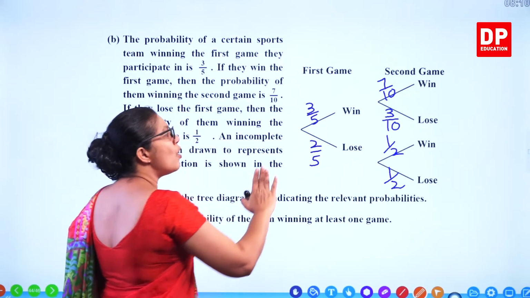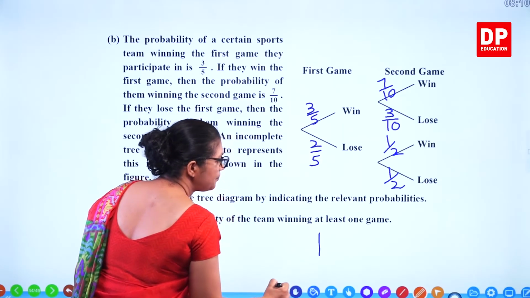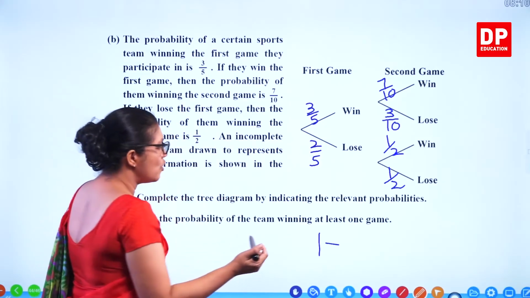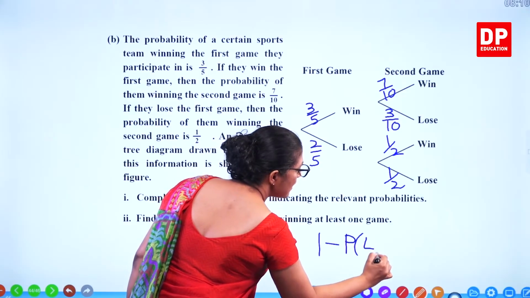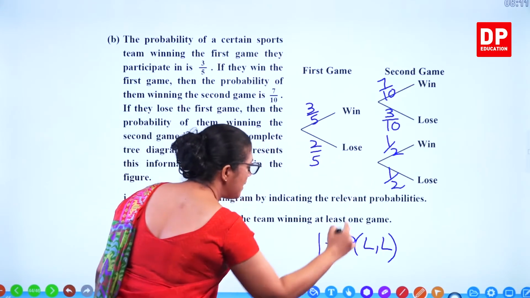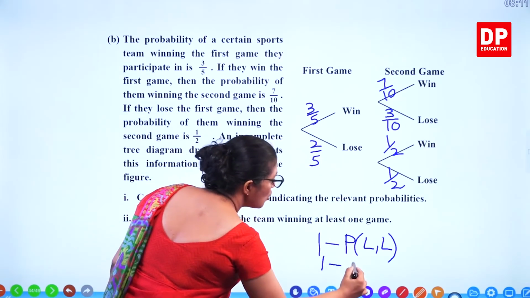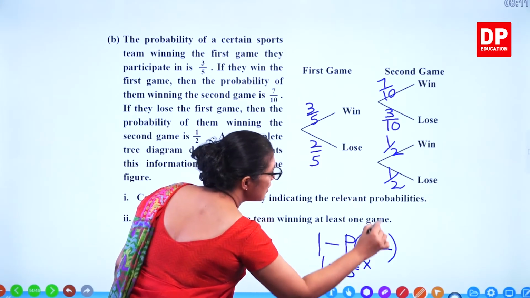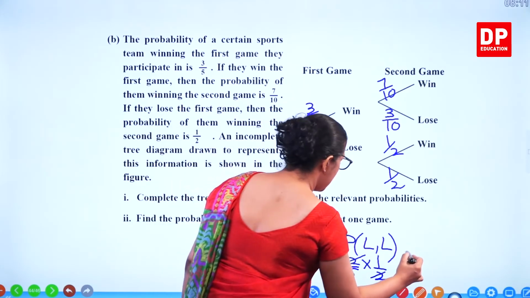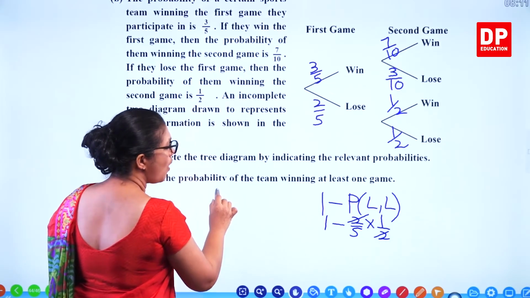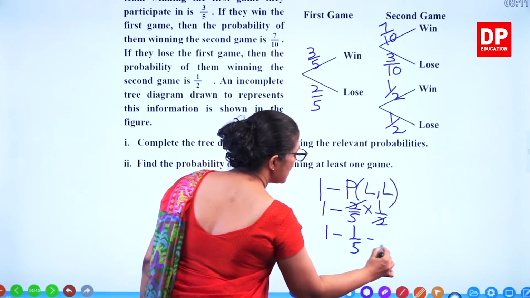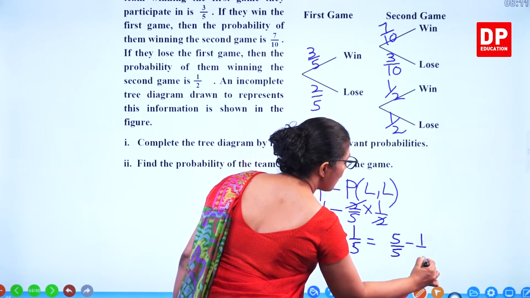So we can take the whole probability as 1 and subtract this branch, and you can find the other probabilities. So probability of losing and losing: 2/5 times half is 1/5. So 1 minus 1/5, this means 5/5 minus 1/5.